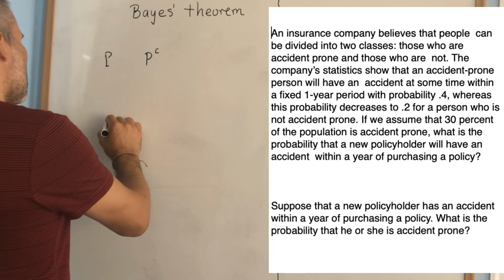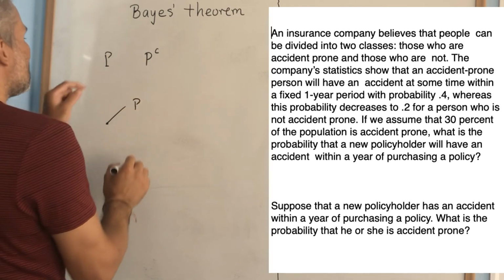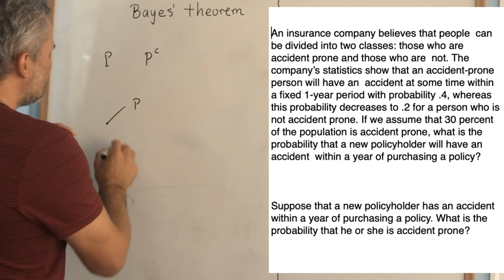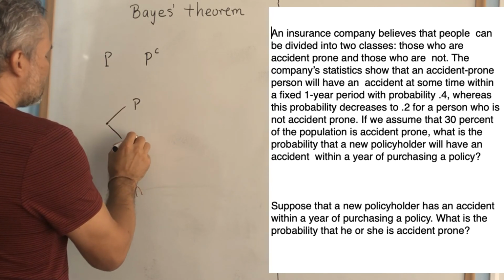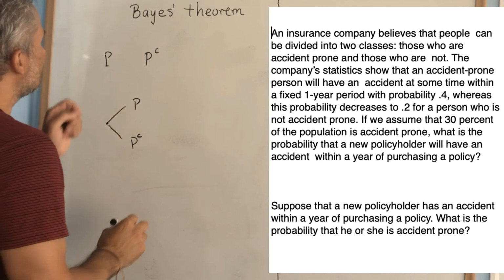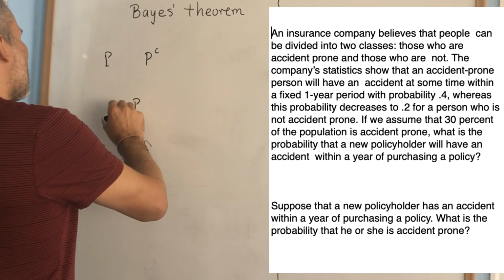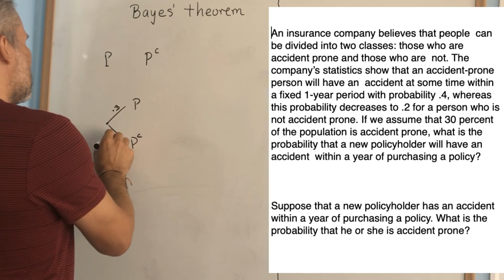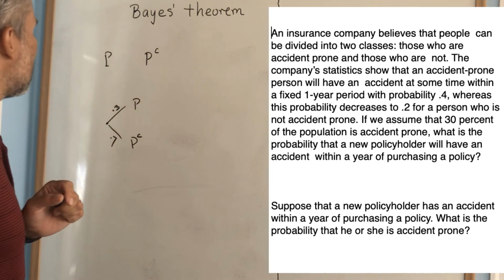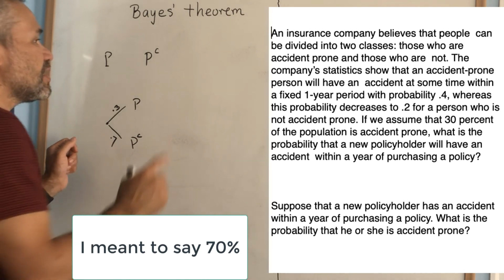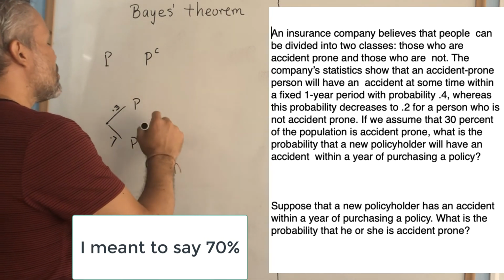Then the space is divided into those who are prone to have an accident and those who are not, right? The information provided says that this probability is 30%, therefore this probability is 70%. The other information is a conditional probability.